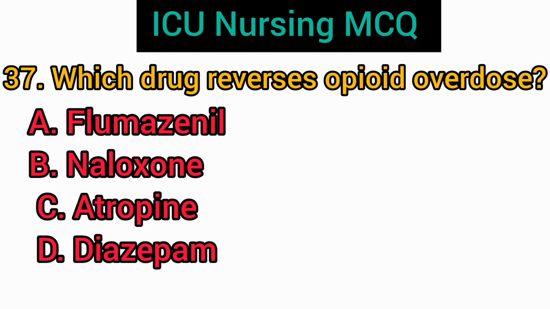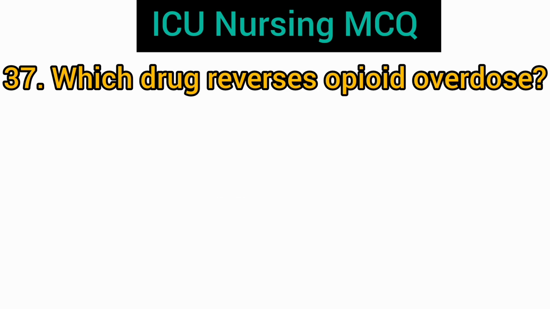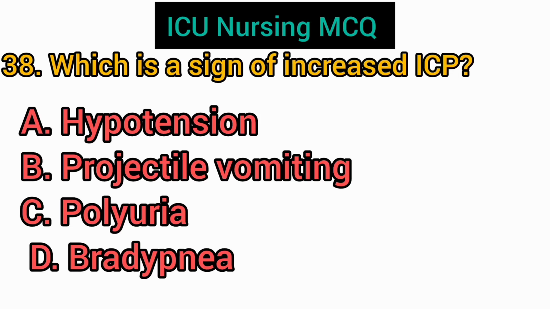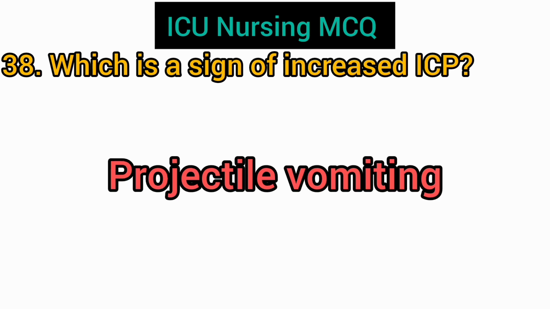Which drug reverses opioid overdose? Naloxone. Which is a sign of increased ICP? Projectile vomiting.